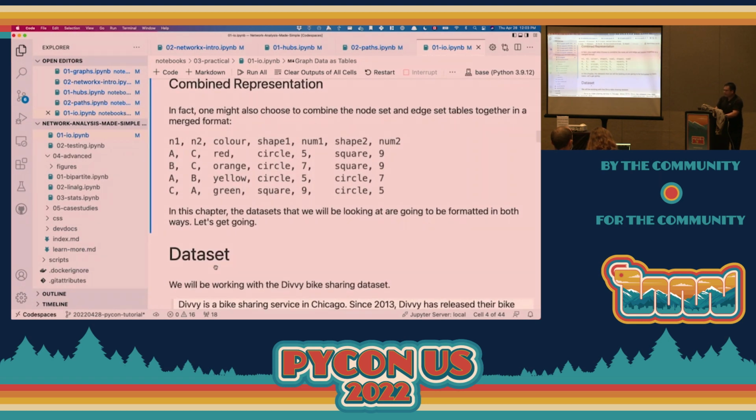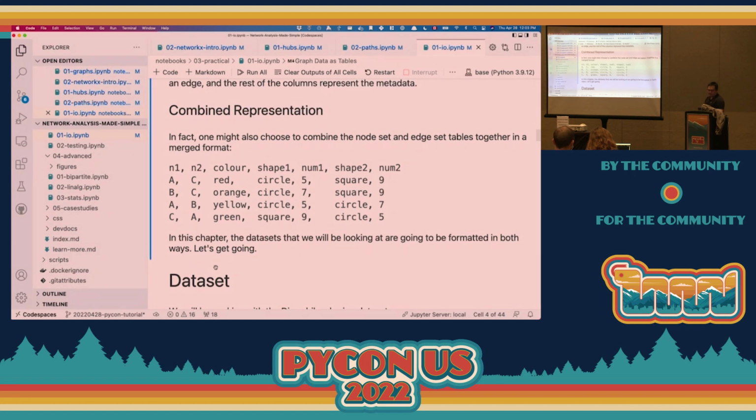If you really wanted to, you could construct a combined representation that has both the node and edge metadata inside. By definition, you're going to end up with a lot of duplication of information, as you can see over here. N2 appears in this place, and N1 over here, so you see the shape1, num1 and shape2, num2 being duplicated across the rows.